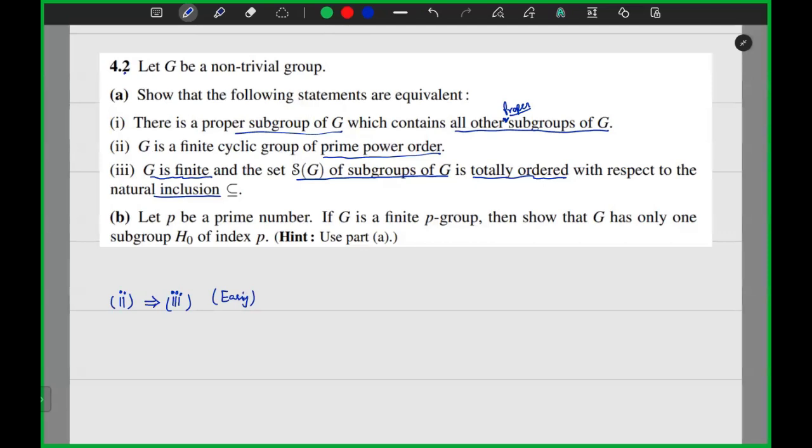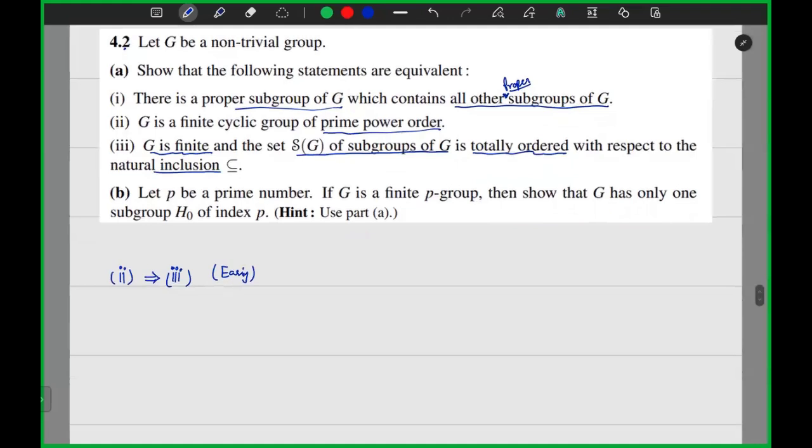For every divisor d of the order of G, there exists a unique subgroup of that order. And we have this chain. Let's say we have a finite cyclic group of prime power order, Z_{p^r}. Then we have this subgroup Z_{p^{r-1}}, and so on.